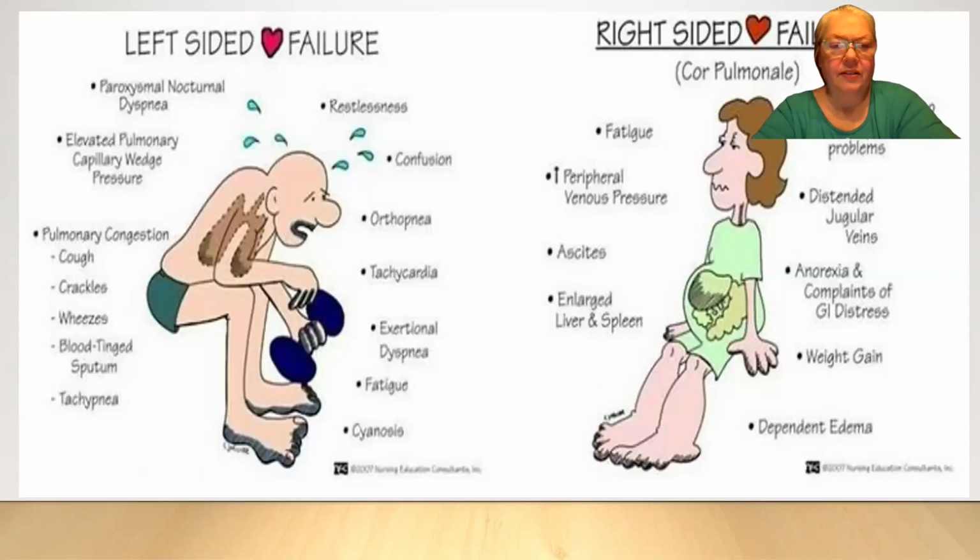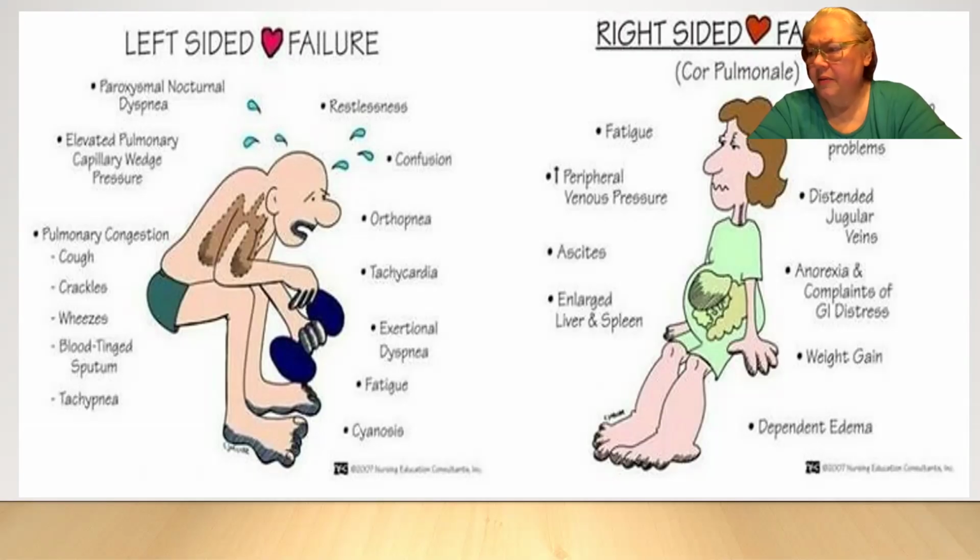So here we have the left-sided and right-sided again. The differences that you'll see in some patients with PND, paroxysmal nocturnal dyspnea, elevated pulmonary capillary wedge pressure, pulmonary congestion, cough, crackles, wheezes, blood-tinged sputum. If they're having frothy sputum, that's a huge problem. Now, right-sided failure, this is the question that always comes up on the exam.